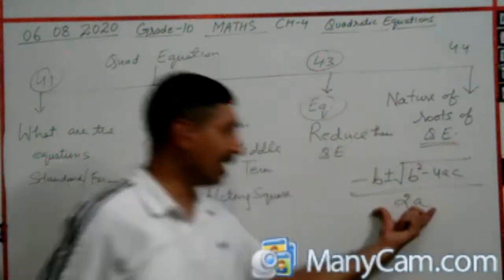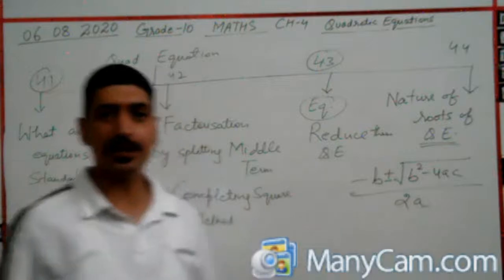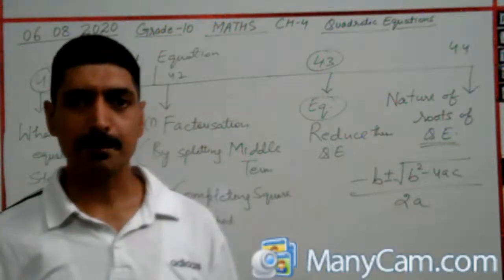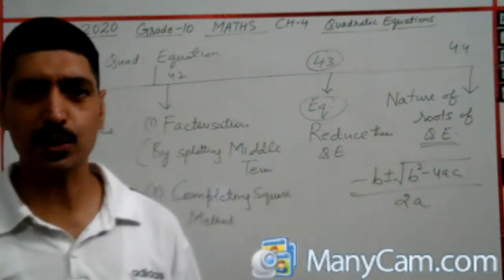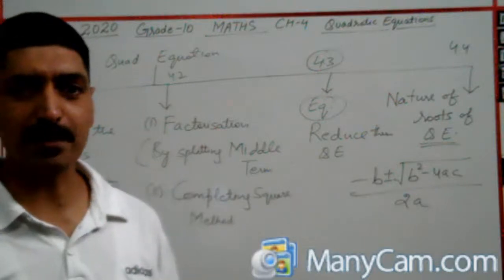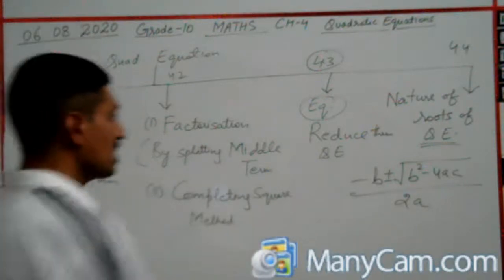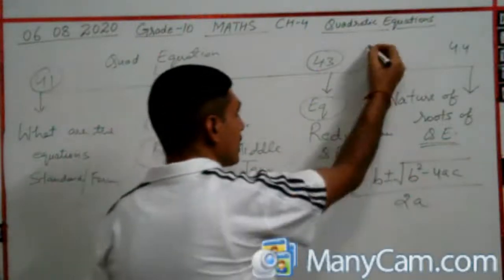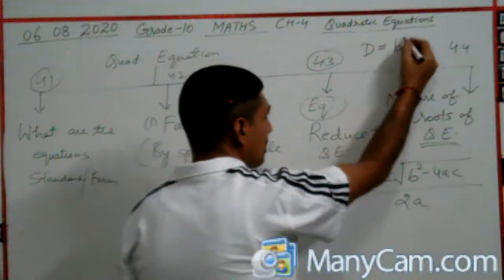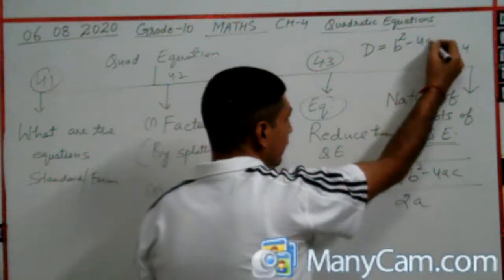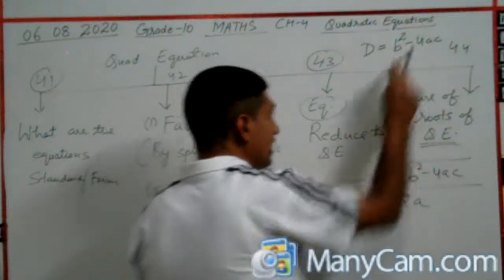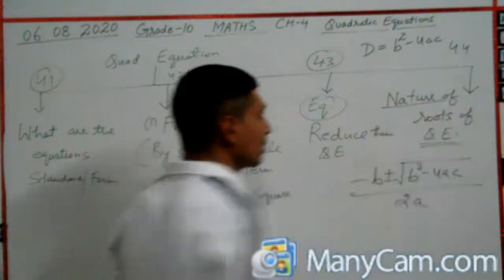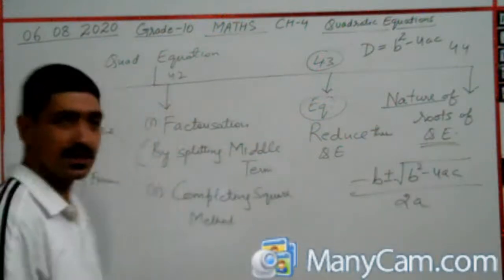This formula is called the quadratic formula. Here b square minus 4ac is called the discriminant, and the discriminant will decide the nature of roots. So we have three conditions, right?